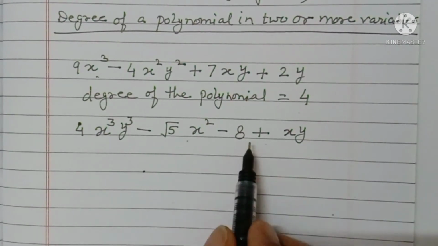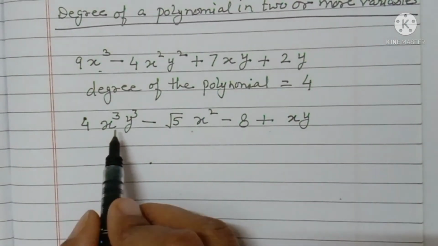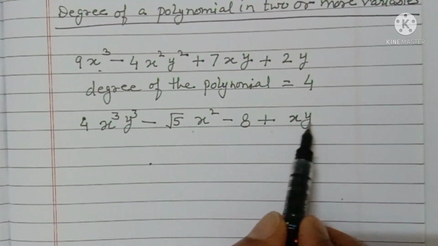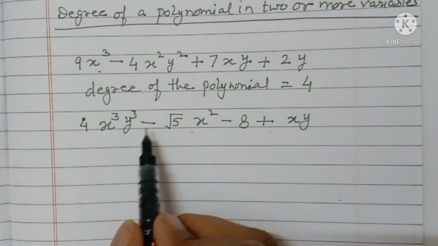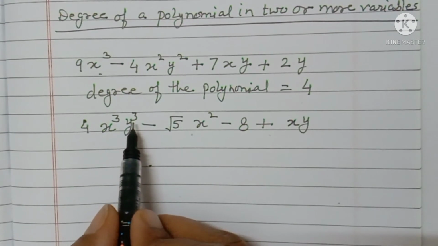You can make any expression yourself and find the degree. Find the term in which the variables have the highest sum of powers.